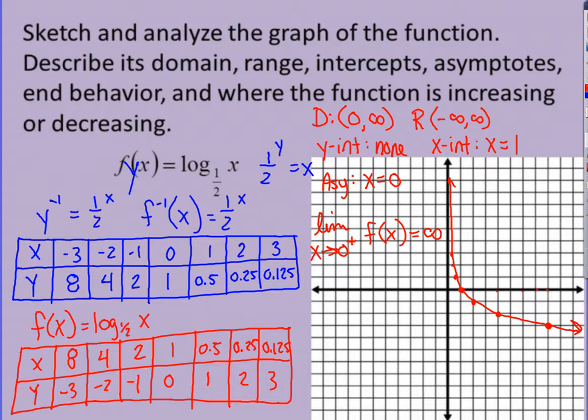The limit on the right side of the function is going down forever, so that'll be negative infinity. And we can see that this graph is decreasing on the entire graph. But we just say what the x values are. Since we only have x values from 0 to infinity, we know it's decreasing from 0 to infinity.